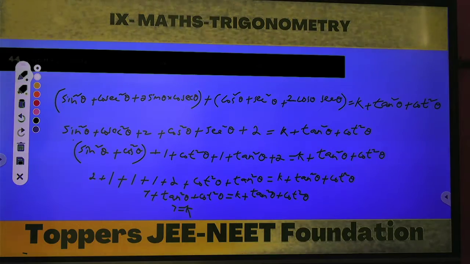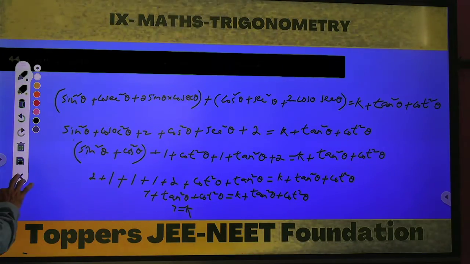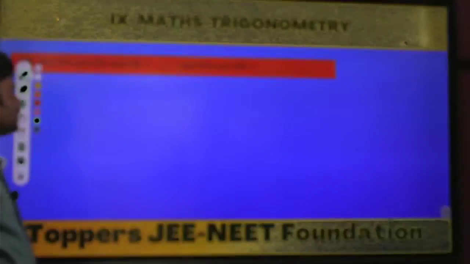Okay, students, next question: sin square 10 degrees plus sin square 20 degrees plus sin square 30 and so on, plus sin square 80 plus sin square 90.